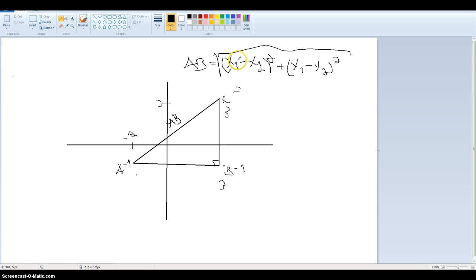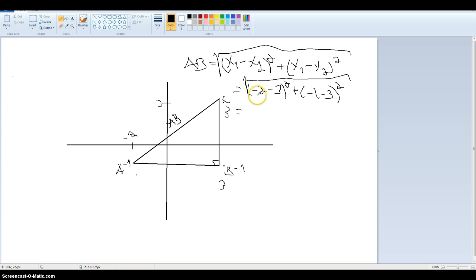So what is x1? x1 would be from here, from A's x, which is -2, minus C's x, which is 3, so -3, in brackets powered by 2, and y1 will be A's -1, and C's y would be 3, so -3, powered by 2, square root from that.